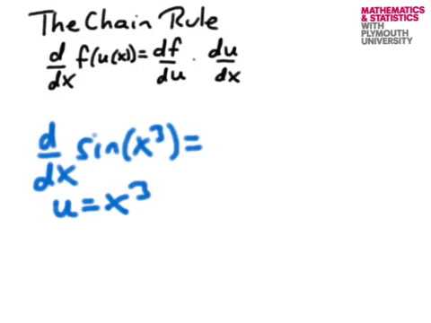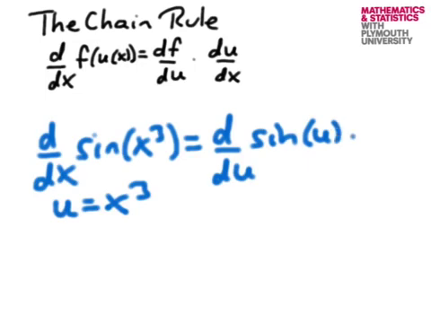So what we have from the chain rule stated here is the derivative with respect to u of the sine of u, and then we're going to multiply this by the derivative with respect to x of u, and u is x cubed.